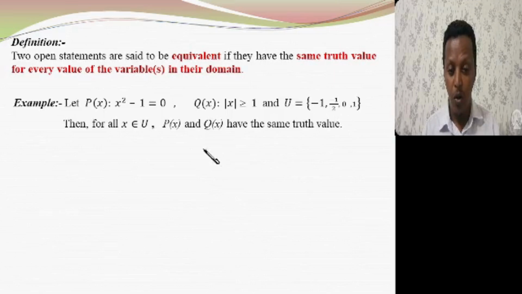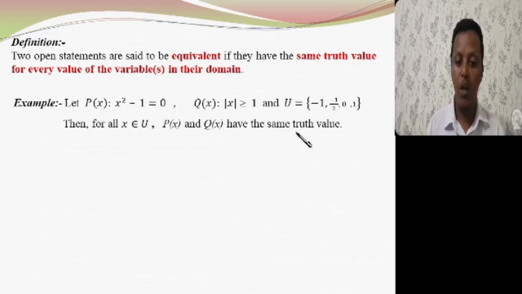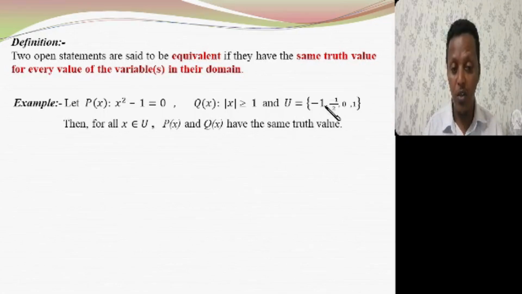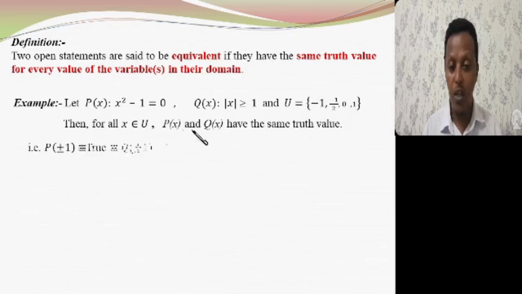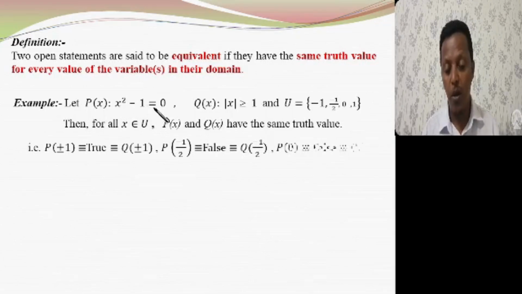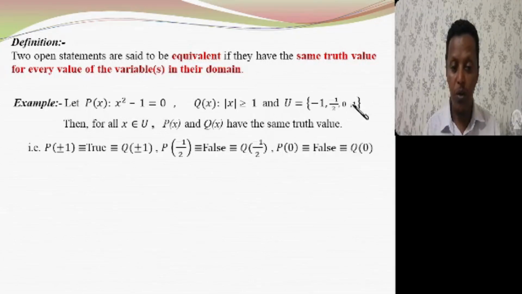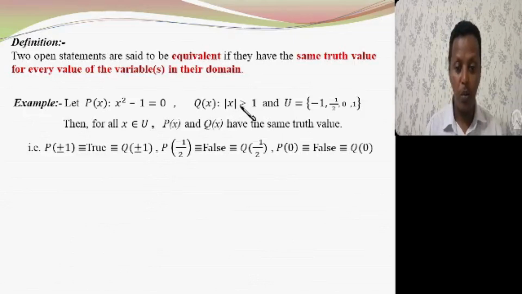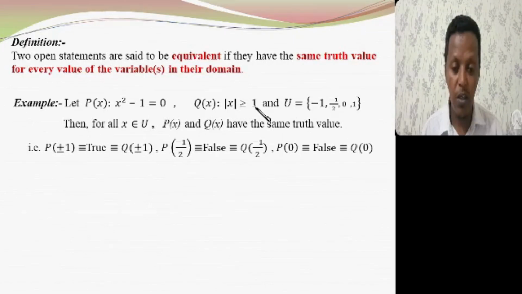So P of x and Q of x will have the same truth value for each number in the domain of our example. That means when you insert negative 1 inside P, minus 1 squared, 1 minus 1, 0, it is true. If you insert positive 1 squared, 1 minus 1, it is what? True. So P at plus 1 and minus 1, the truth value is what? True. Q at plus 1 and minus 1, the absolute value of 1 as well as the absolute value of negative 1 is greater than or equal to what? 1.